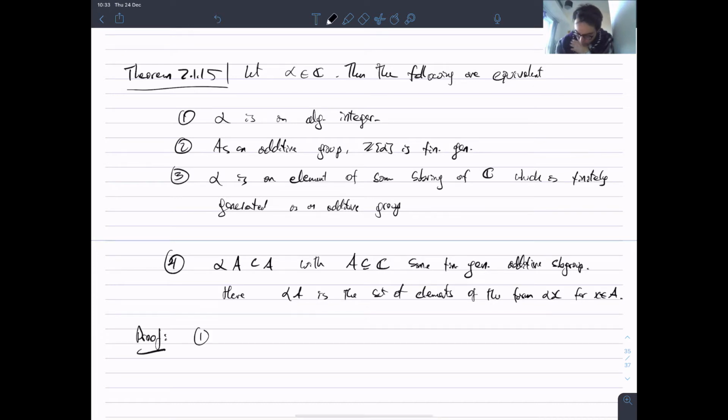Let's go 1 implies 2. We're assuming that alpha is an algebraic integer.